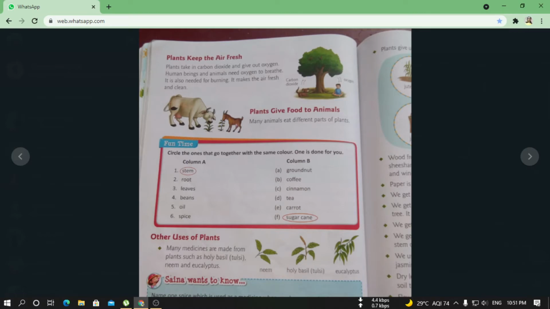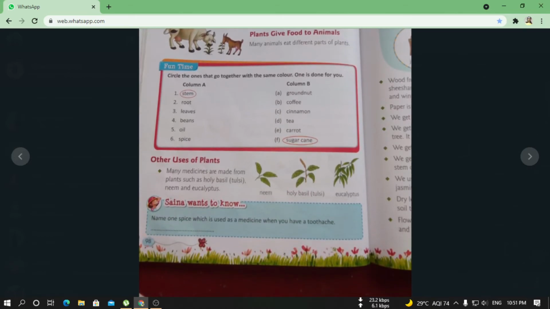Now plants give food to animals also. Many types of food animals get from plants. We human beings also get food from plants, and animals also get food from plants.